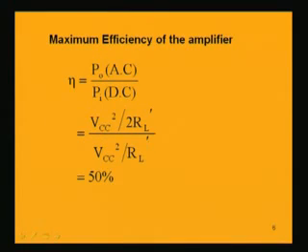Putting these values, the maximum efficiency boils down to half or 50%. So, here in the transformer coupled amplifier, we achieve a higher efficiency than the series fed class A power amplifier which we discussed earlier. So, we get 50% maximum efficiency in the transformer coupled power amplifier.